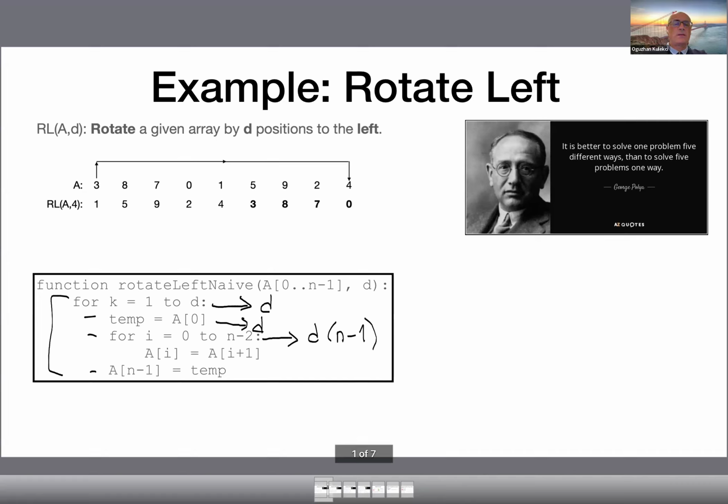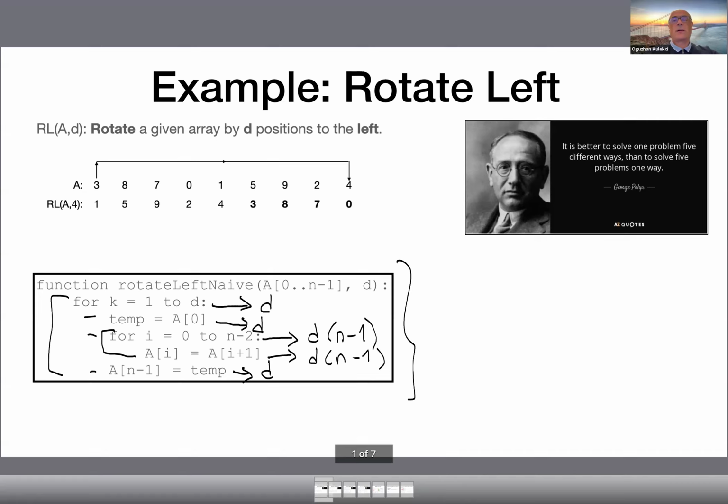Similarly, this is the inner instruction of this for loop, so I can say that this line will also be executed d times n minus 1. And once this for loop is over, this line will be executed d times. Very nice. Now I can sum all these numbers of instructions to see the total.